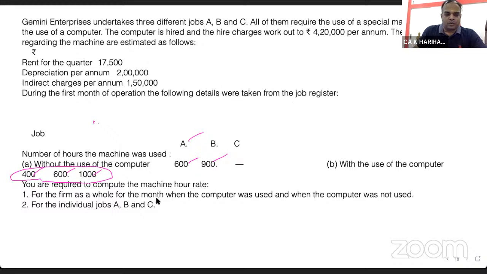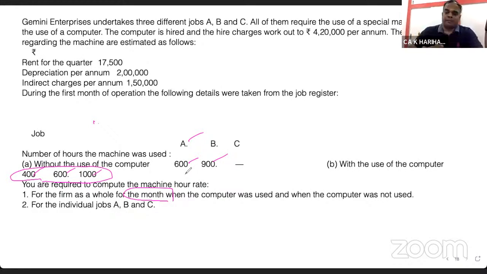For the firm as a whole, for the month; the requirement is per month. So per month basis they ask you to compute, so we have to convert everything into per month basis. Next working note, overhead per month.